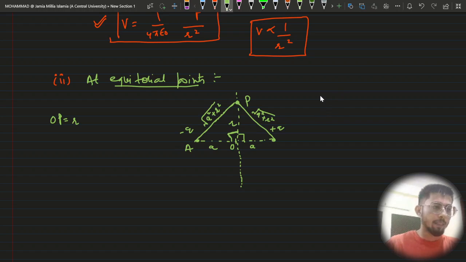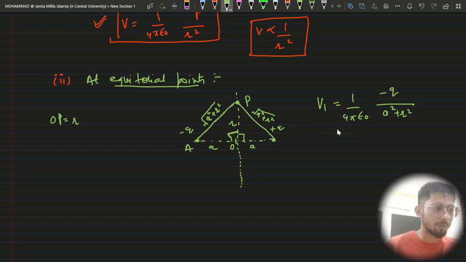So let us find the potential. Again we will find the potential due to each of these charges at P and then simply add them. Let us find V1 due to the minus q charge. It will be 1 by 4 pi epsilon naught times minus q divided by the square of this distance, which will be a square plus r square only, because squaring gets rid of the under root.